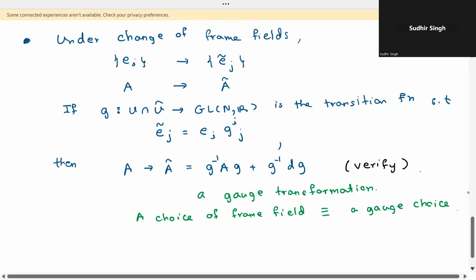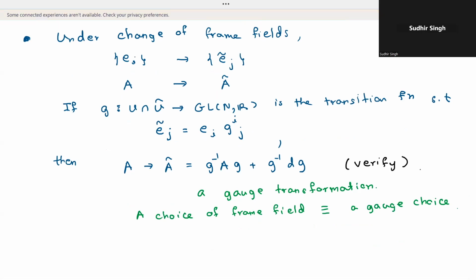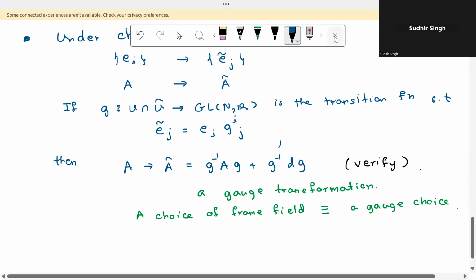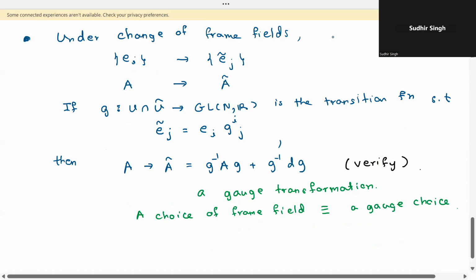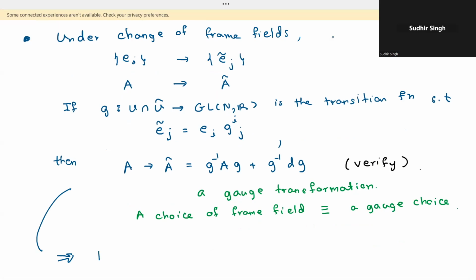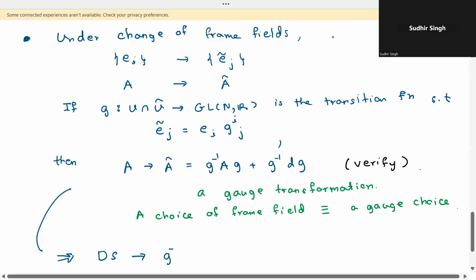Now, one of the consequences of the connection one form transforming like this, we can show from here. So we can show that under gauge transformation, the covariant derivative, a local expression with respect to a frame field, would change to this one. G is again the transition function of that.